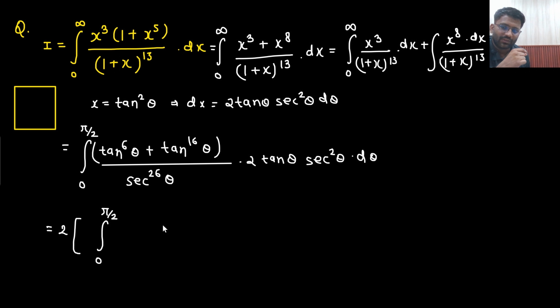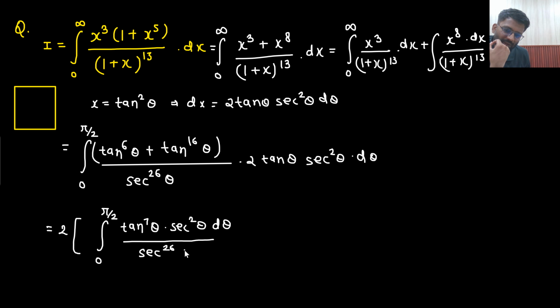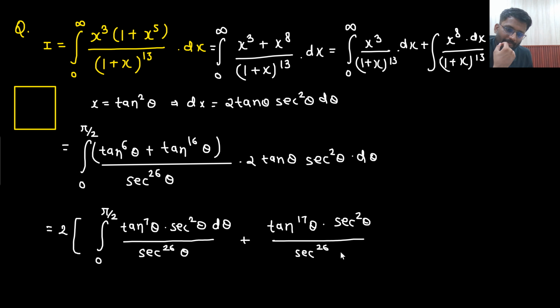So this will become 10 to the power 7 theta sec square theta dot d theta divided by sec to the power 26 theta, plus 10 to the power 17 theta sec square theta divided by sec to the power 26 theta dot d theta.